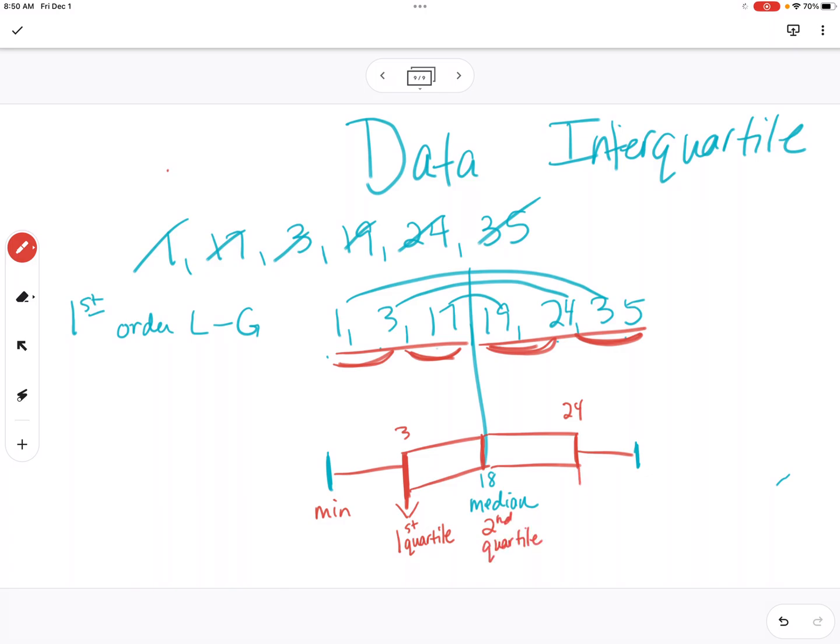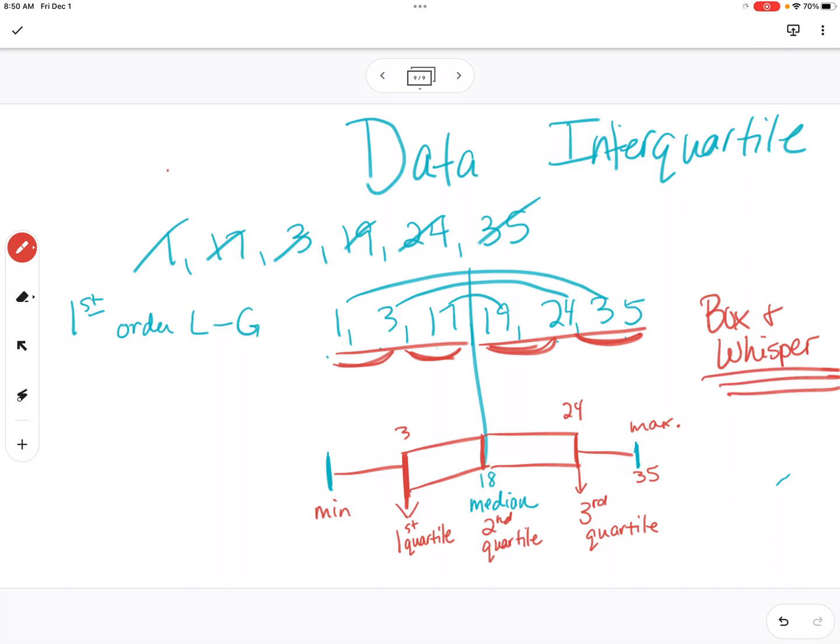This is my third quartile, third quarter. And this is my maximum because it's the biggest. So that shows you what this box and whisker plot looks like and why you make it and how you interpret it. It's called box and whisker.